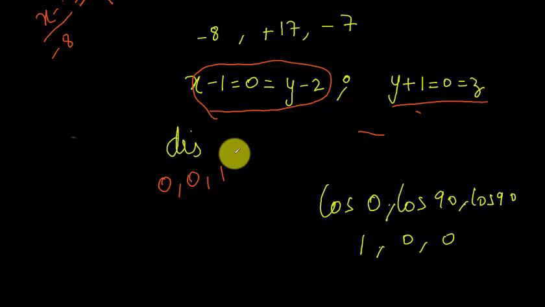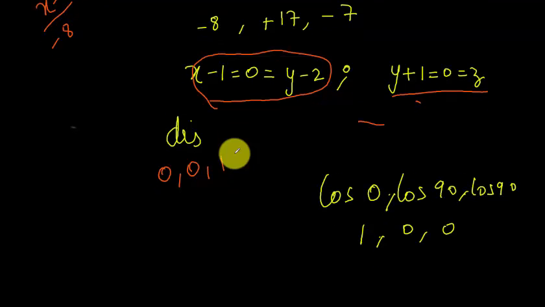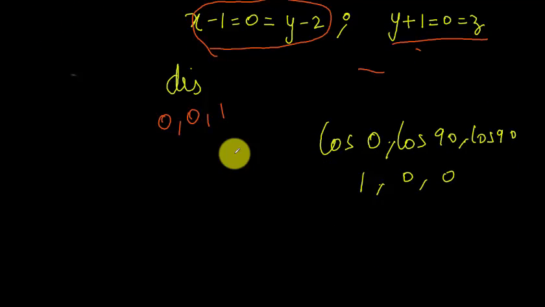Correct? Now if I'm trying to find the angle between the lines, which have these as my drs, what am I going to get? The angle between the lines is defined by cos theta, right? So cos theta is simply going to be equal to the dot product, isn't it?